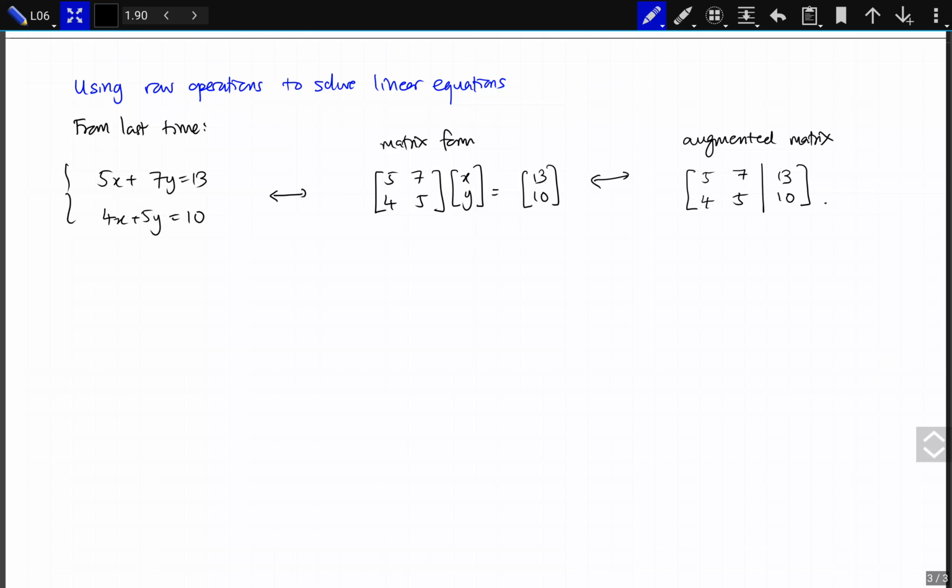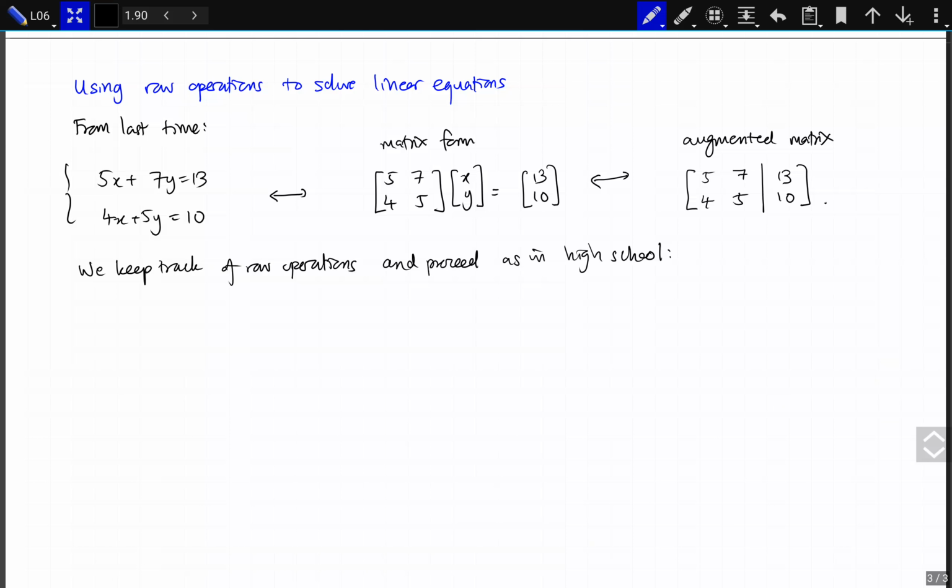So the way that we use row operations is to basically do what you did in high school, but we're going to keep track of row operations. So the idea is that we're going to cancel out the x variable.